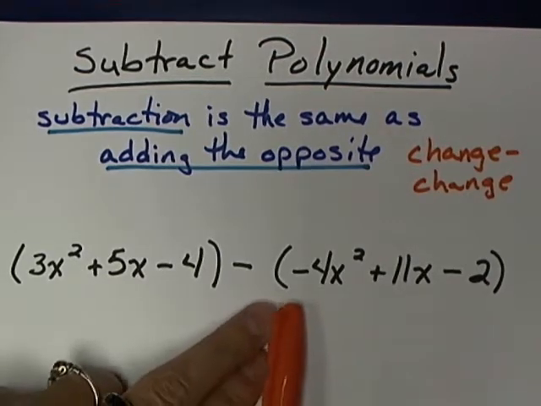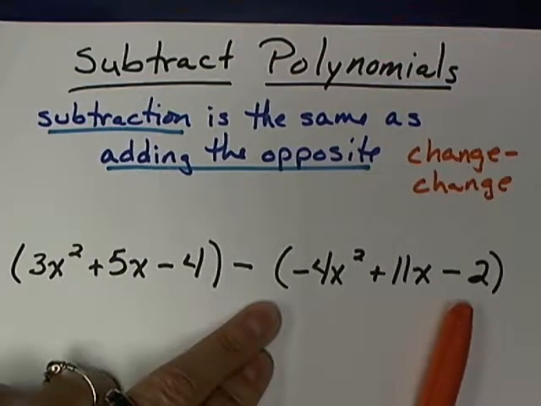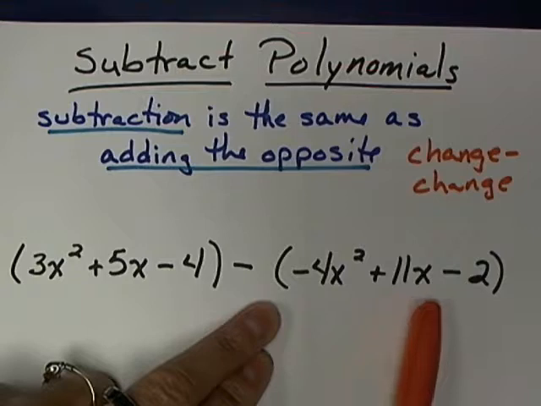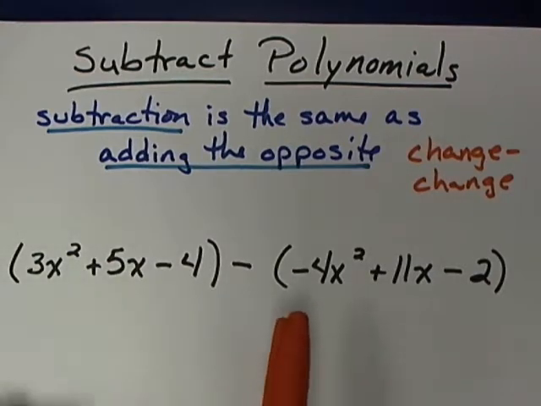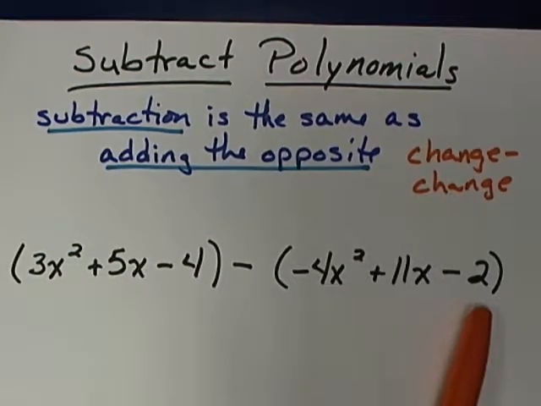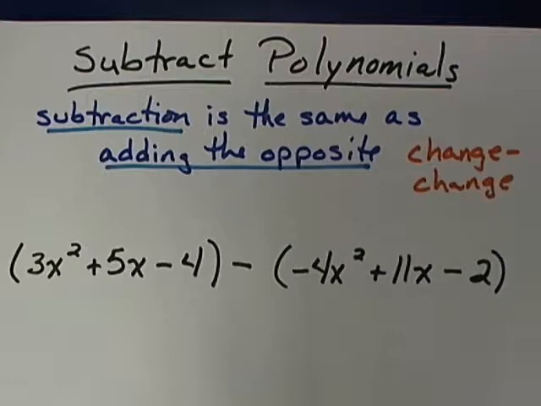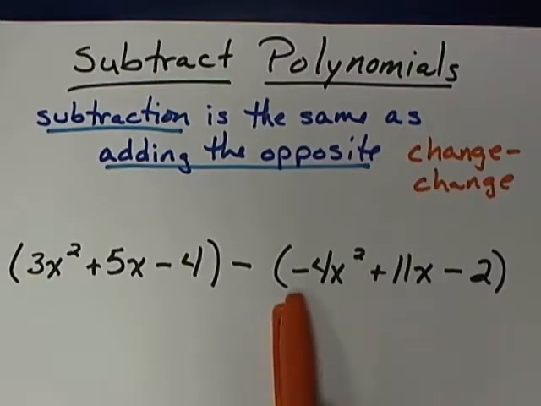We have a second polynomial in this parentheses over here, the negative 4x squared plus 11x minus 2. But this time we are subtracting. Now you need to remember that you are subtracting every term in this second polynomial. That gets a little bit confusing, and when we have negatives in here, then we have the tendency to forget that we're subtracting the negative.